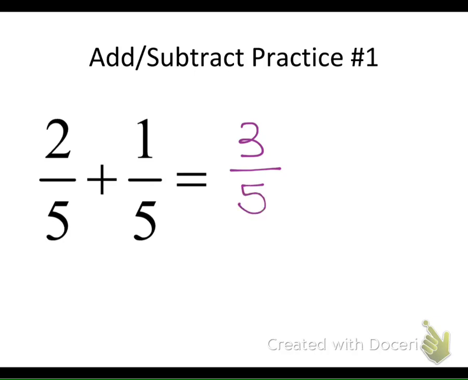And step 4 says to simplify. Now, I always check to see if I can simplify by 2, 3, or 5. Can I simplify this by 2? Are both of these numbers divisible by 2? Are they even numbers? No. Can I simplify them both by 3? By 5? No. So that 3/5 is my final answer.